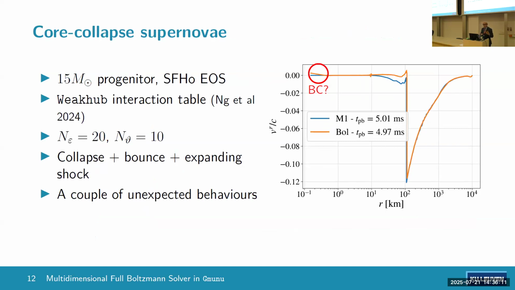We use 20 bins in the momentum, 10 on the angular side, and we simulate from collapse, bounce, to the expanding shock. Now, if you compare the M1 versus the Boltzmann, you do see some differences. For example, here, which we think may be due to boundary conditions, but there are also other parts where we see some deviations.